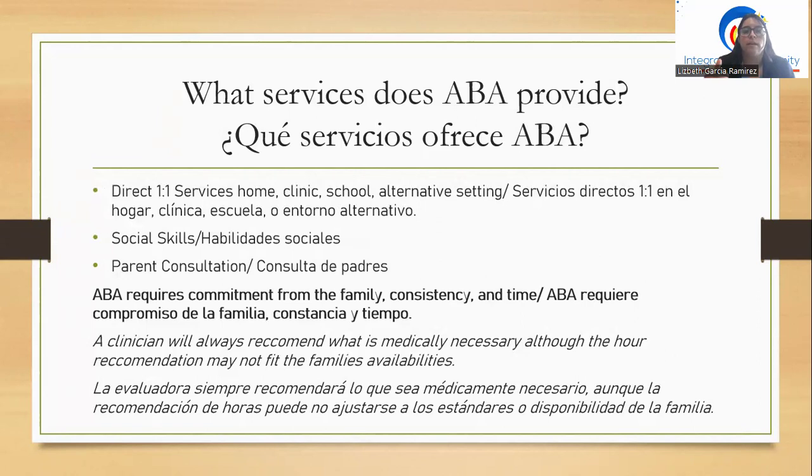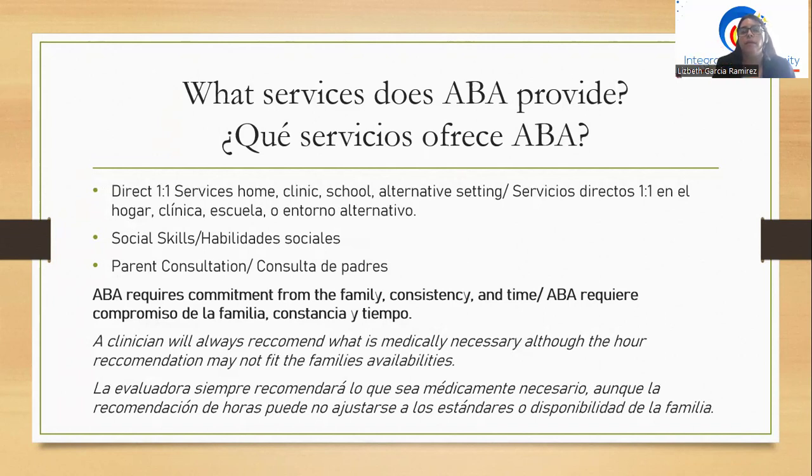This means that the BCBA or the person overseeing your case only meets with the parents and guides them on implementing strategies. Maybe this could be a dual service where you get direct services, with a team working directly with your child, and parent consultation, where you also get to meet one-on-one with this BCBA and providers. It could be done together, it could be done separately.